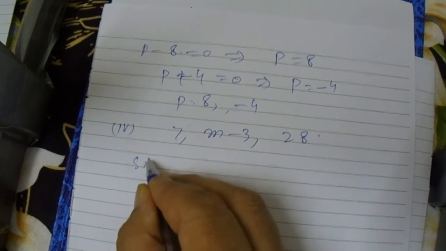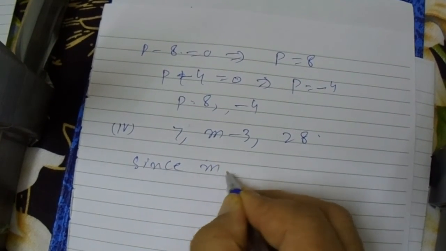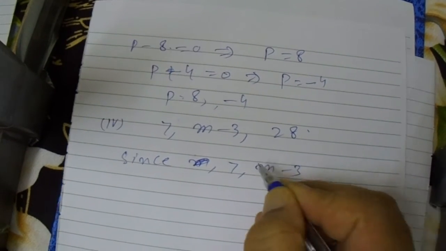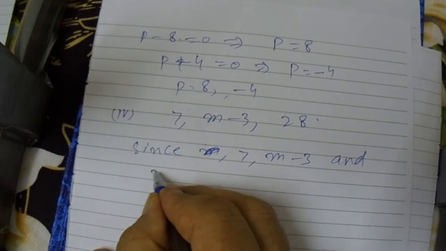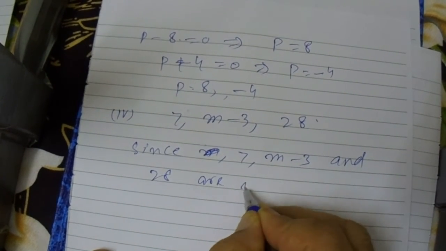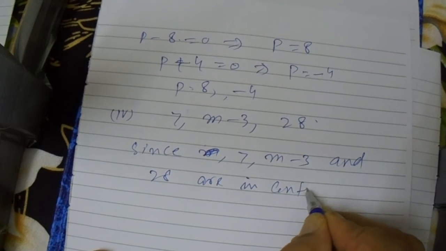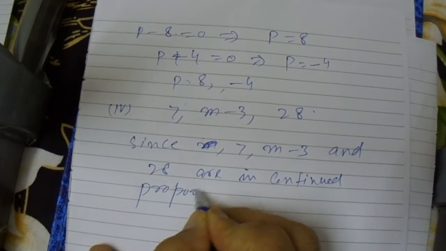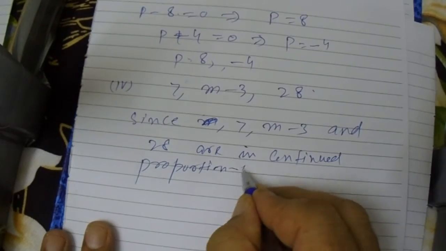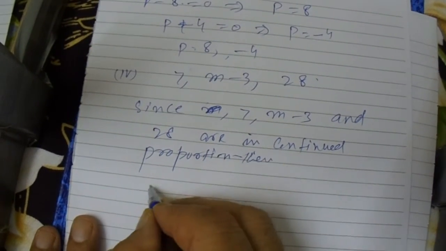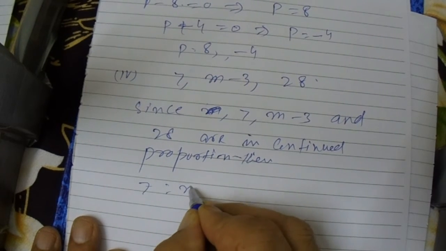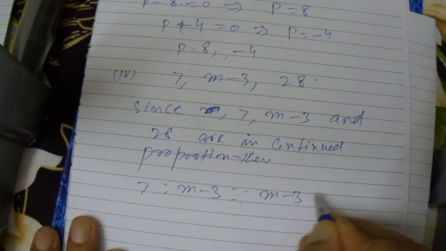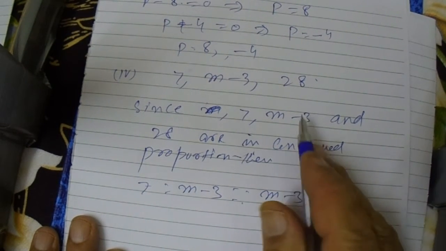Since 7, m minus 3 and 28 are in continued proportion, then we write 7 ratio m minus 3 proportion m minus 3 ratio 28.